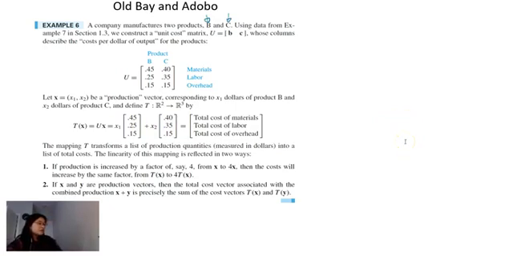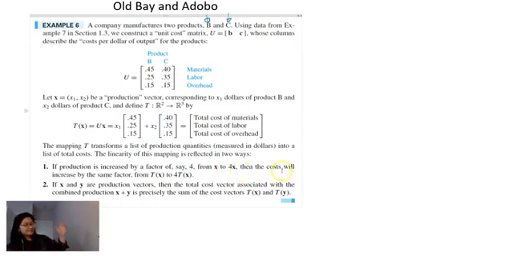So, we have this mapping, and it's a linear mapping, or a linear transformation, because if you're scaling up by a factor of 4 what you're making, then your costs are also going to increase by that same factor.